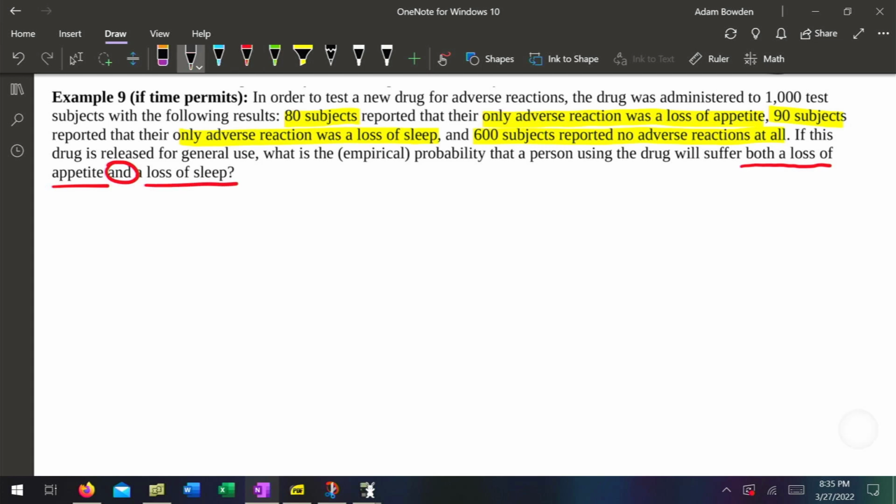So again, there were a total of 1,000 test subjects here. And so here's how we can do this.